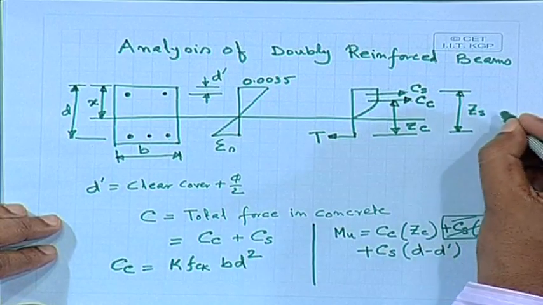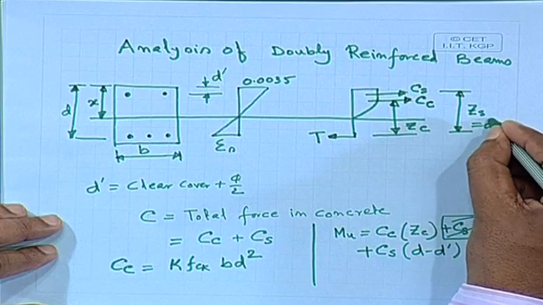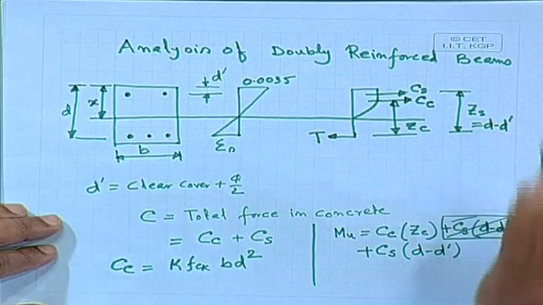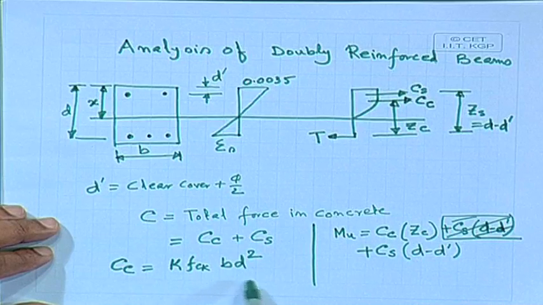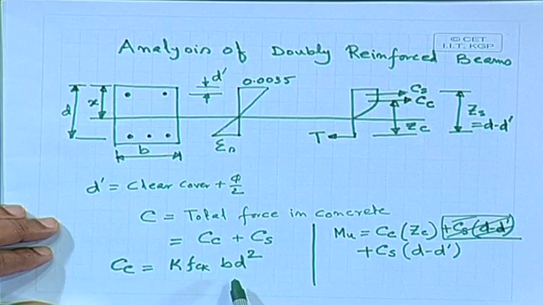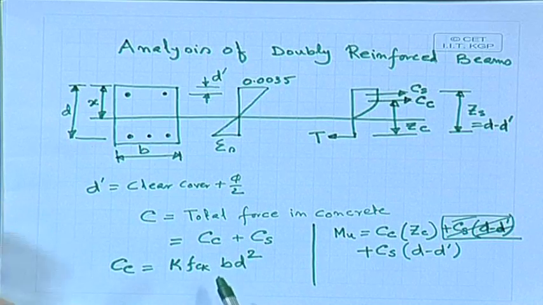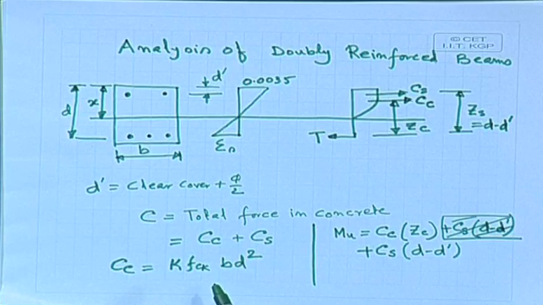I mean to say Z dash equal to d minus d dash. Okay. And this Cc is nothing but K FCK BD square, depending on the steel used. Depending on the steel used, we shall get it.